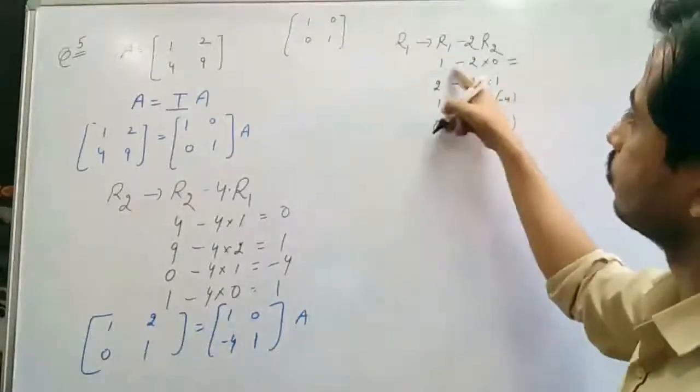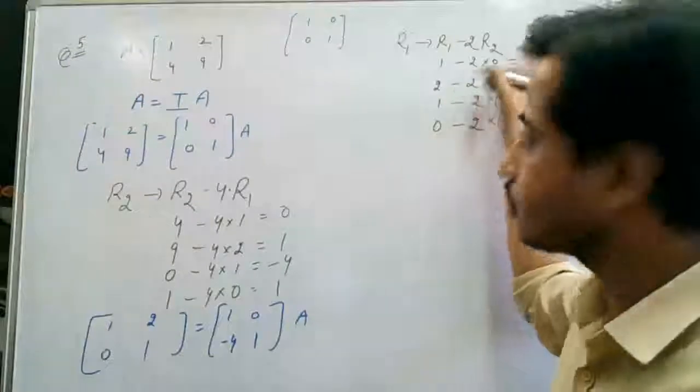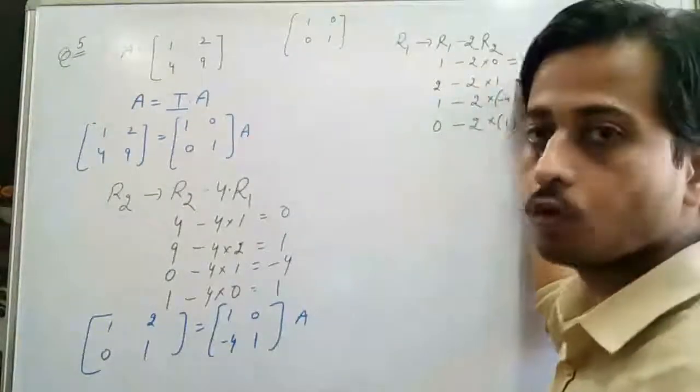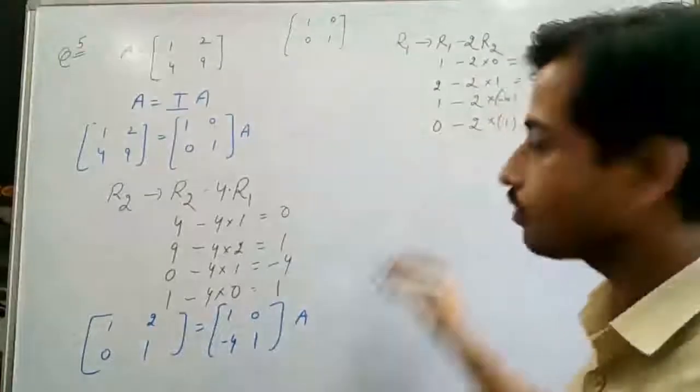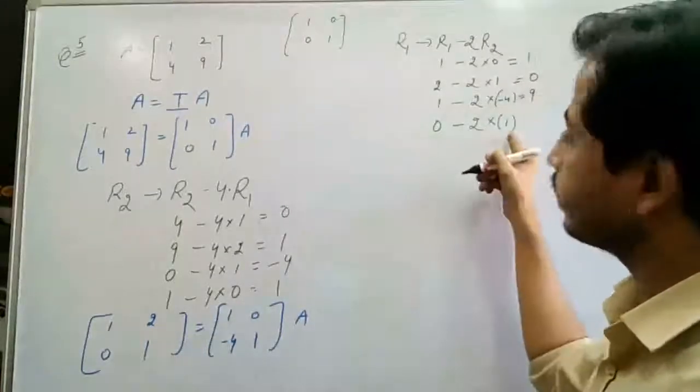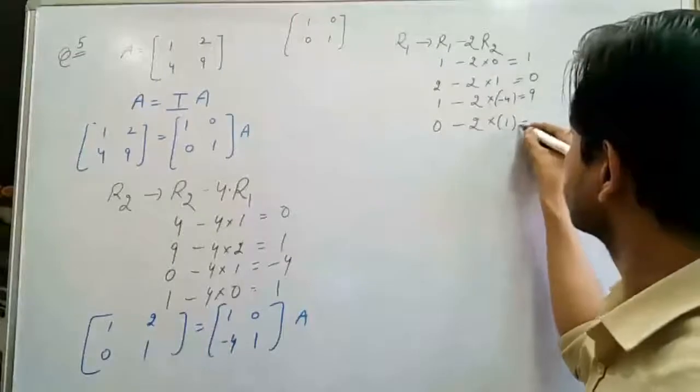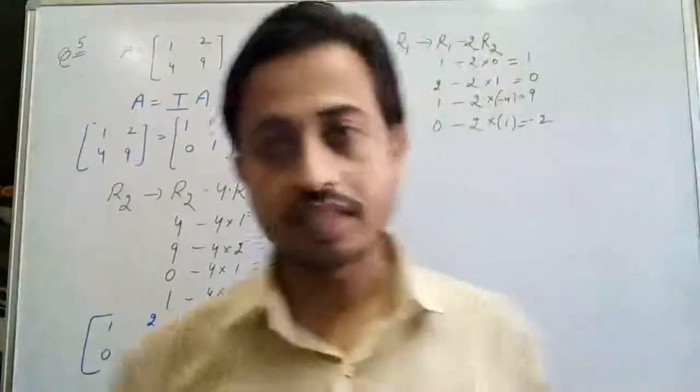Now solve it. 2 into 0, 0. 1 minus 0, 1. 2 into 1, 2. 2 minus 2, 0. 2 into minus 4, minus 8. 1 minus minus 8, 9. 2 into 1, 2. 0 minus 2, minus 2. So we get all these elements of R1.